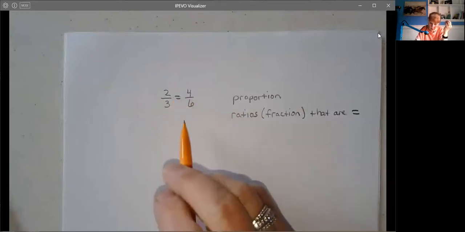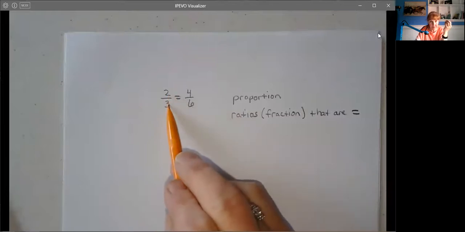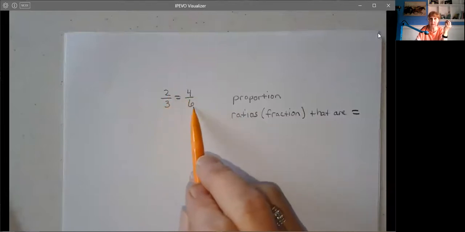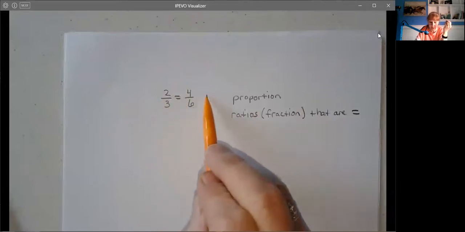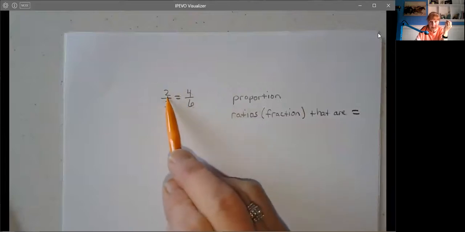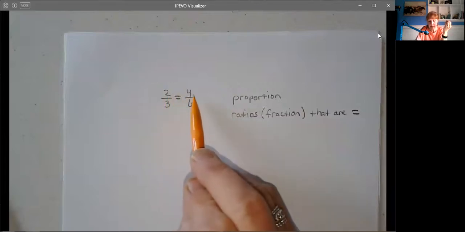How do I know that 2 to 3 is proportional to 4 to 6? How do I know they're proportional? How can I call this a proportion? How do I know that this ratio is equal to this ratio?